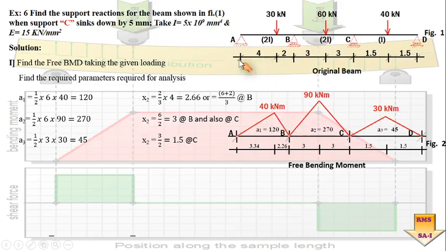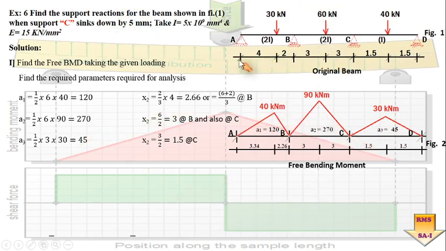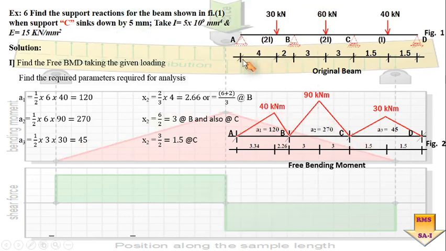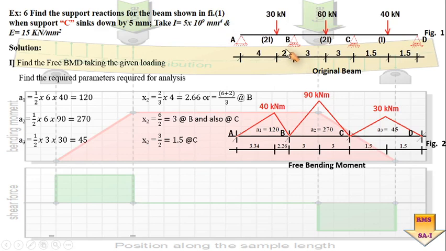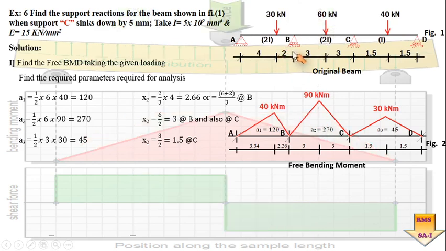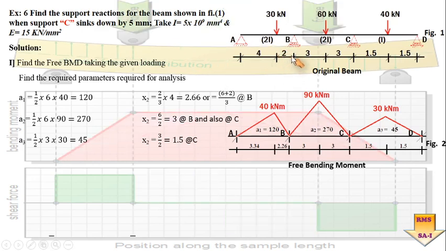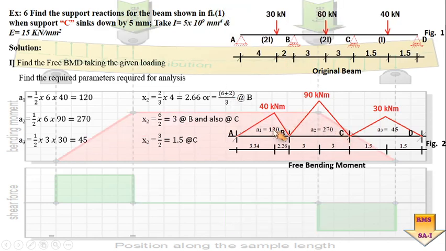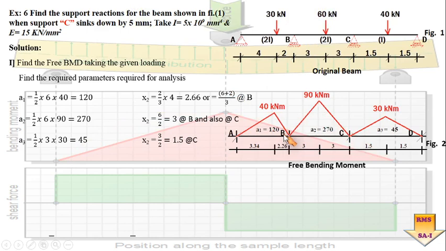Of the remaining span away from point B, that is 4. Or we can do total span plus the span nearby the point under consideration, that is point B, that is 2, so 6 plus 2 divided by 3, worked out near point B.